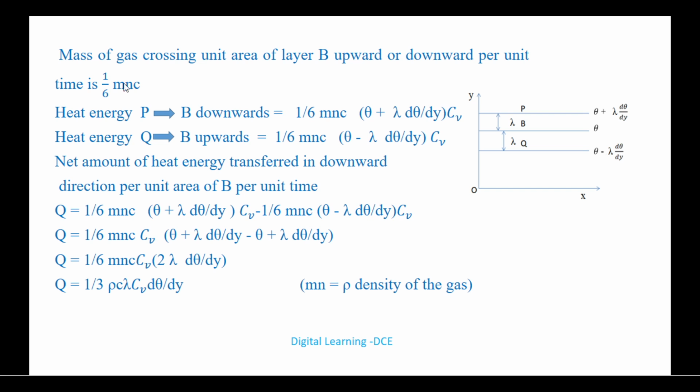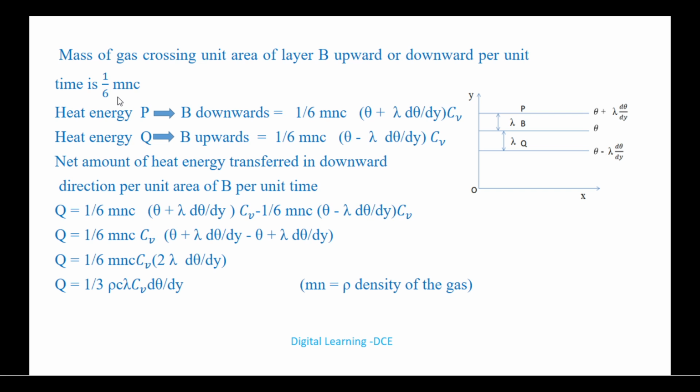Hence 1 by 6 Nc represents the number of molecules, and if you multiply by m, that is the mass of each gas molecule, then it is equal to the total mass of gas crossing the unit area of layer B either in upward or downward direction in unit time, that is equal to 1 by 6 mNc. Here c represents the average velocity of the gas molecules.